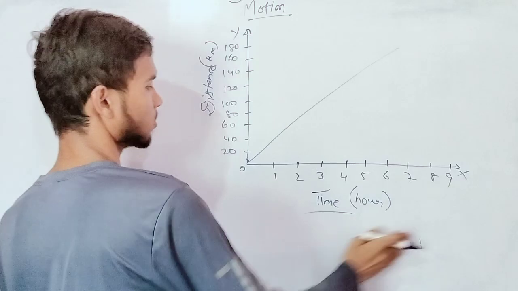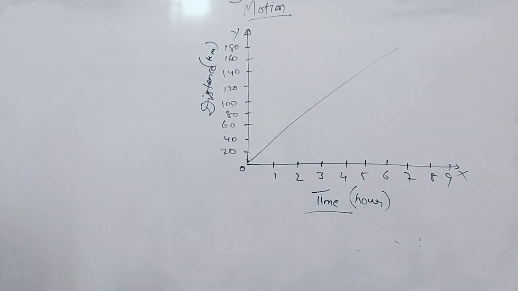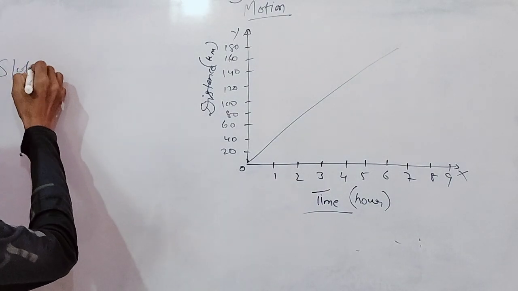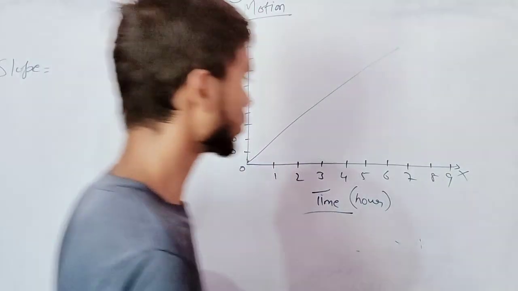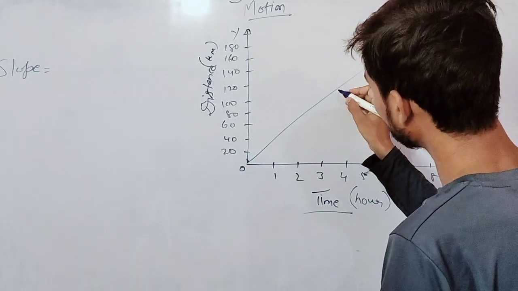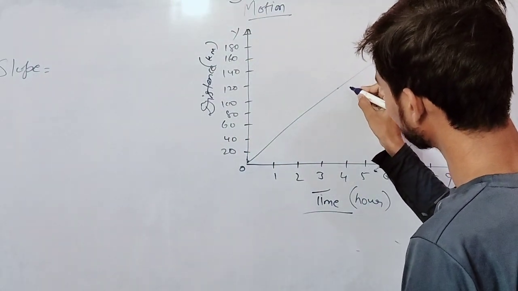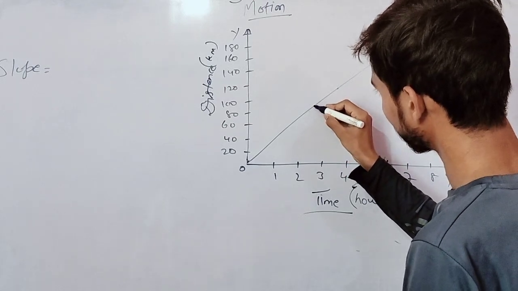This is a straight slope. Now we are understanding what a slope is. Here, to find out the slope of something, let's say a vehicle curved this way.